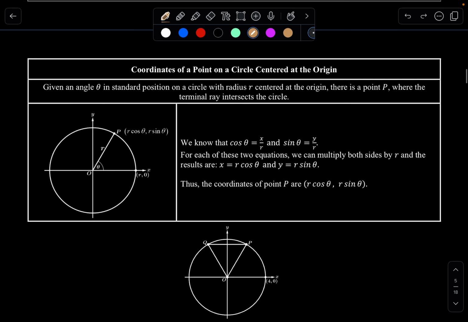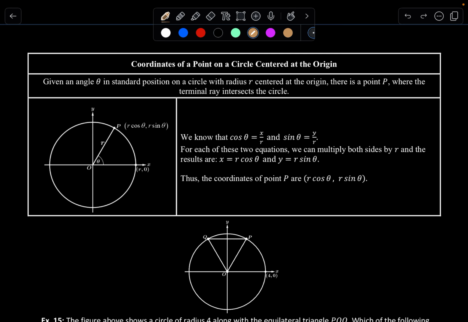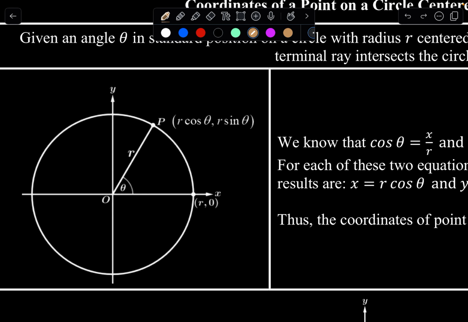So, all right, coordinates of a point on the circle centered at the origin. For this one, we're going to talk about a couple more things, specifically the point for the circle that no longer has a radius of 1. So if we think about this point here, I'm going to have my triangle. We're in quadrant 1, and it's a right triangle.